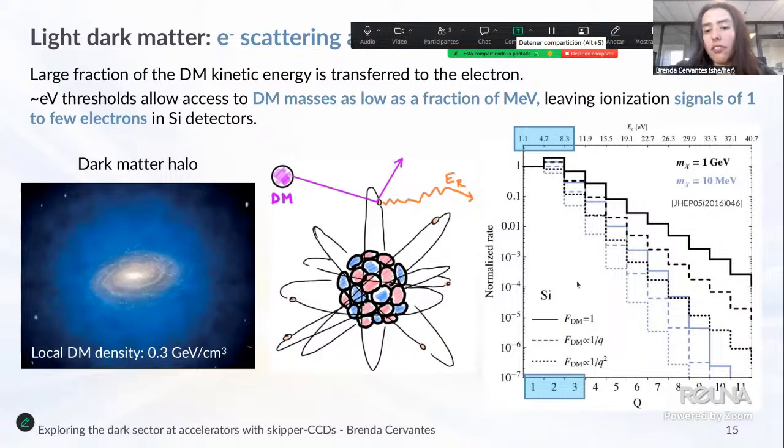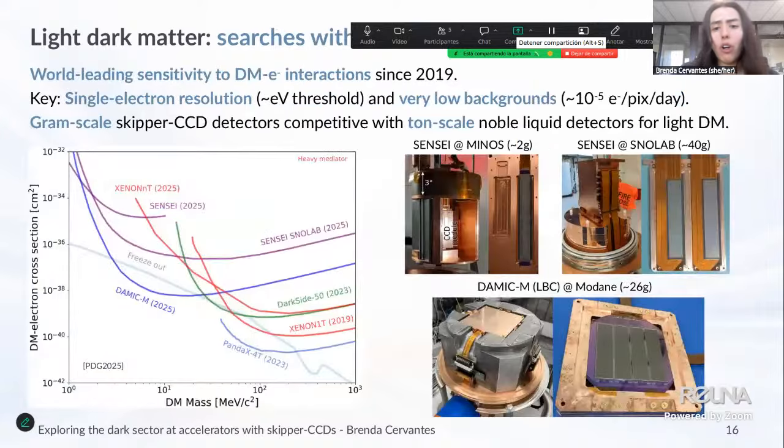And as you can see for different light dark matter models, the peak of the event rate is actually either in the first or the second bin, which correspond to 1 or 2 electrons. So we need detectors that are sensitive to identifying 1 or 2 electron depositions in silicon, and those are skipper-CCDs.